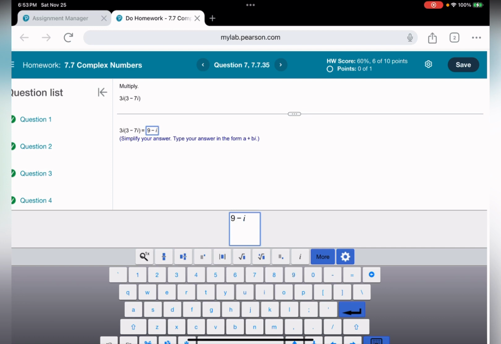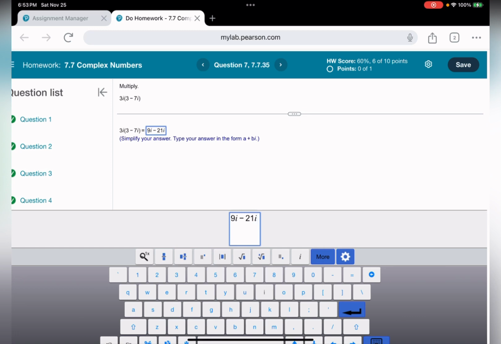I'll do just drafting here. It's going to be negative 7i times 3i, negative 21i.